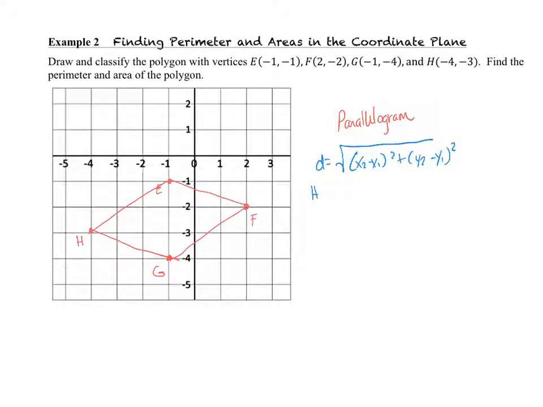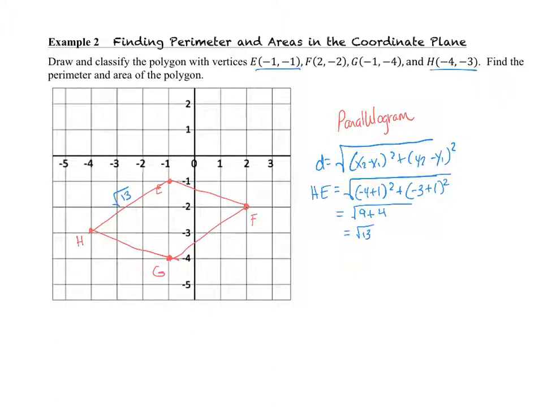So when I do HE first, I've got the square root of (-4 minus -1), which is really (-4 plus 1) squared, plus (-3 plus 1) squared. -4 plus 1 is -3 in parentheses squared, which is +9. Make sure you keep those parentheses, especially if you're using a calculator. And -3 plus 1 is -2 squared, which is +4. So that's the square root of 13.